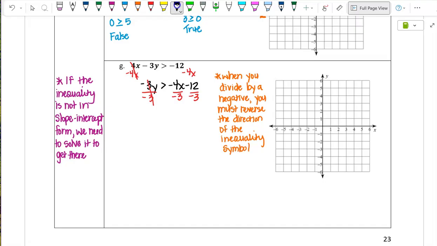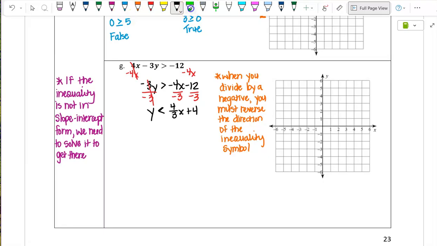So when I'm dividing by that negative 3, now I have y is less than negative 4 divided by negative 3 would be positive 4/3 x. Negative 12 divided by negative 3 would be plus 4. So now I have it in that slope-intercept form.